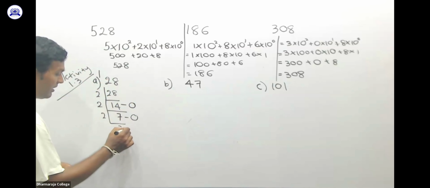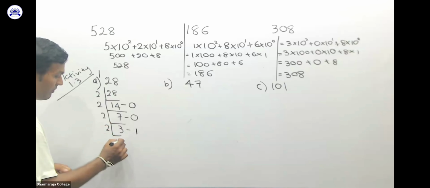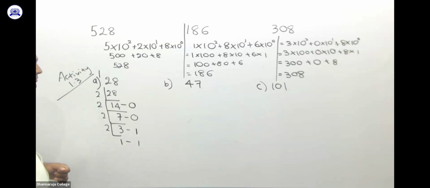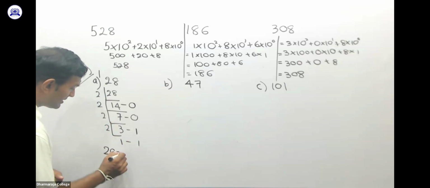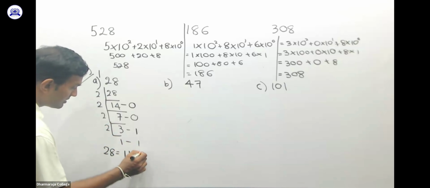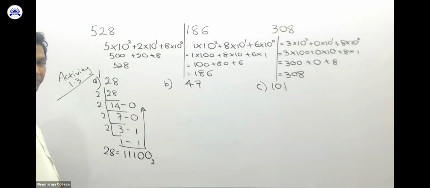Here 3 remain 1, and here 1 remains 1. Okay. So when you take it now, you can write 28 as 1, 1, 1, 0, 0. Then write the answer in this direction.